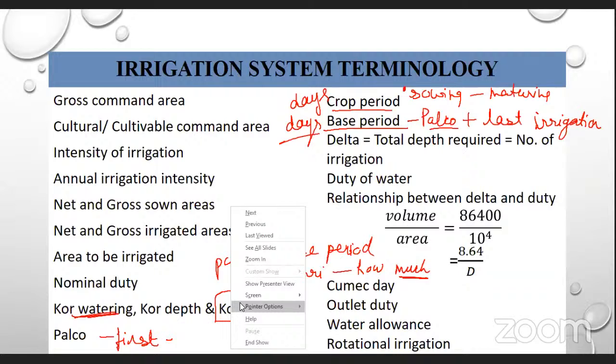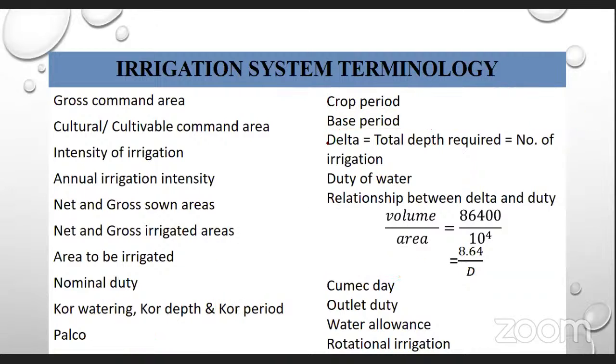Then we are having our next term, delta. Okay, this delta is the total depth of water the crop requires during its duration.